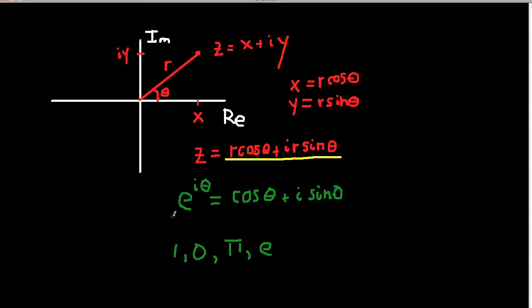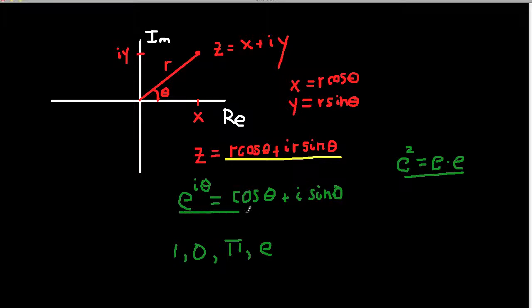Now this is important because this is raising e to some power, just like e squared is equal to e times e. So this is using i theta as the exponent.